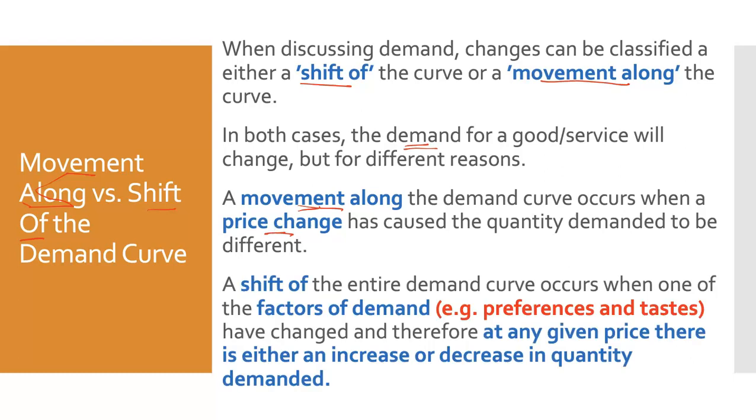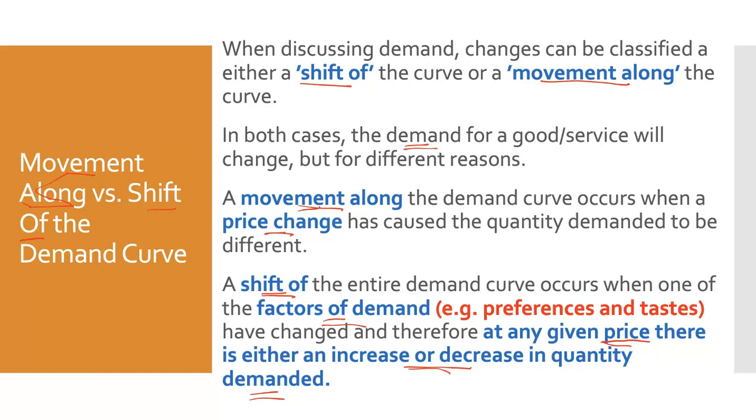A shift of the demand curve occurs when one of the factors of demand, we'll go through that in a second, preferences and tastes as an example, have changed. So the thing that has changed is not price, but something else. And therefore, at any given price, there is an increase or decrease in quantity demanded.